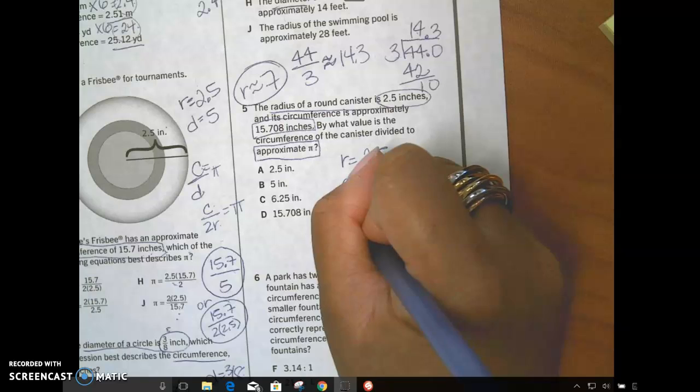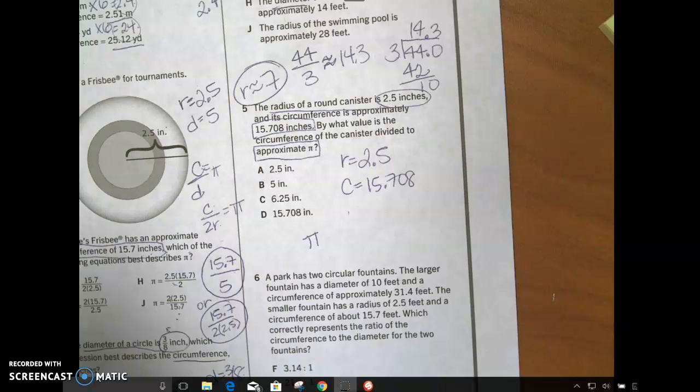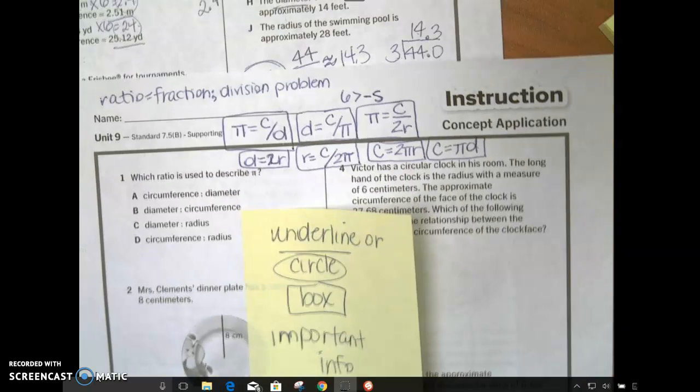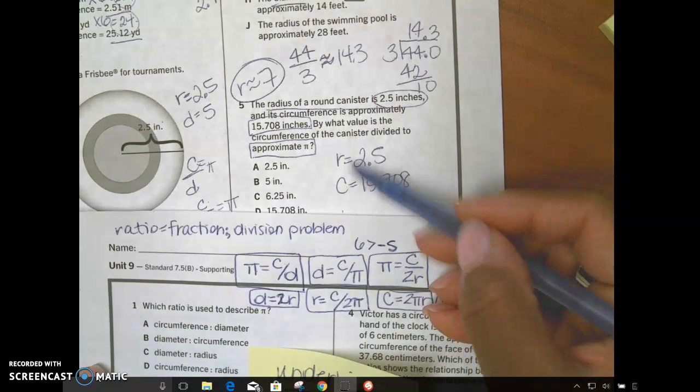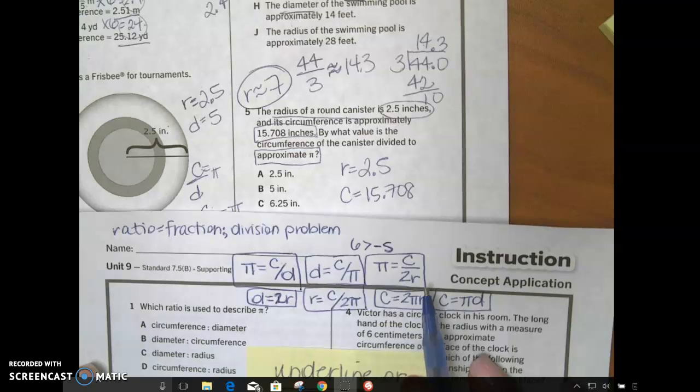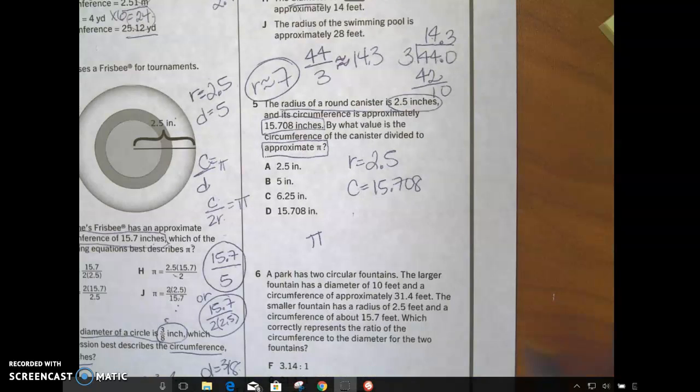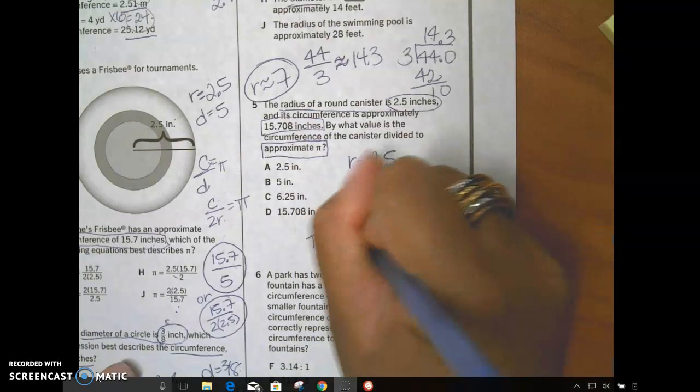So I want pi. Go back to your ratio. How do I get pi with what I've been given? I've been given a C and an R. Which one of these tells me about pi and C and R? C divided by 2R, the diameter.